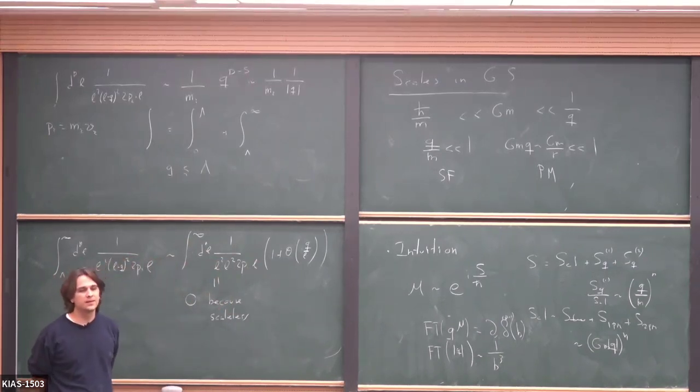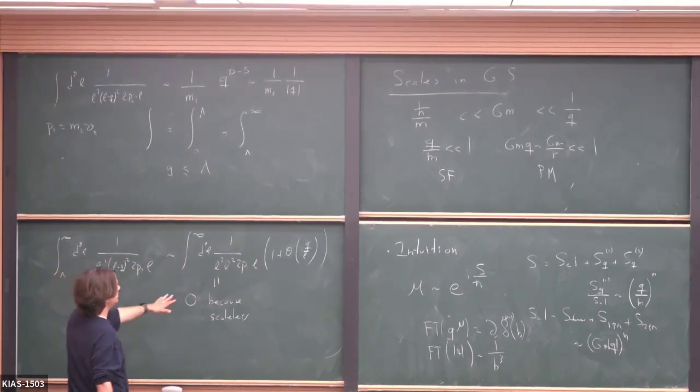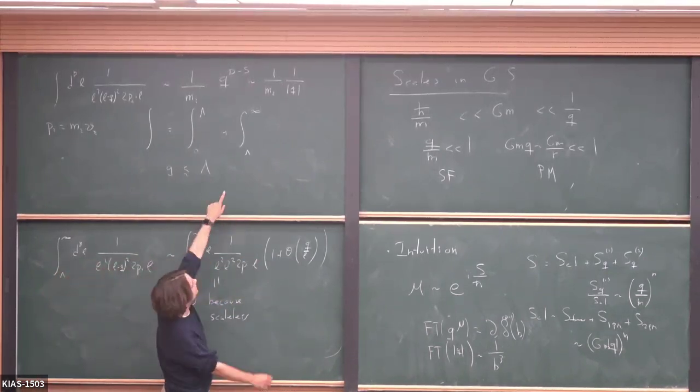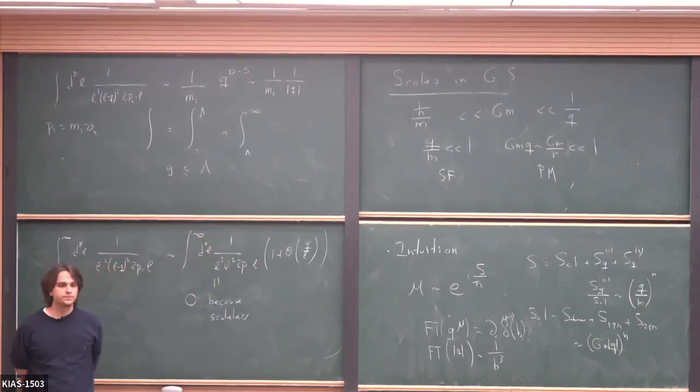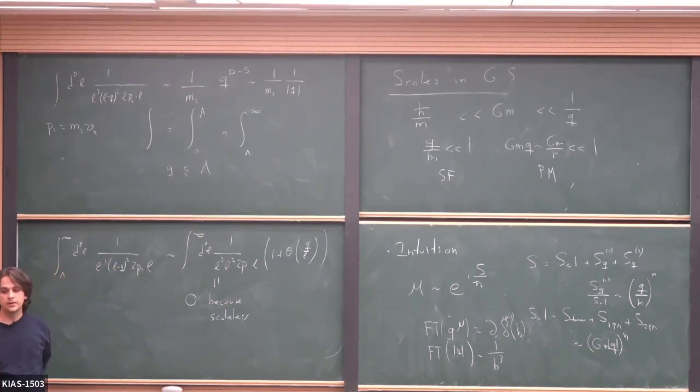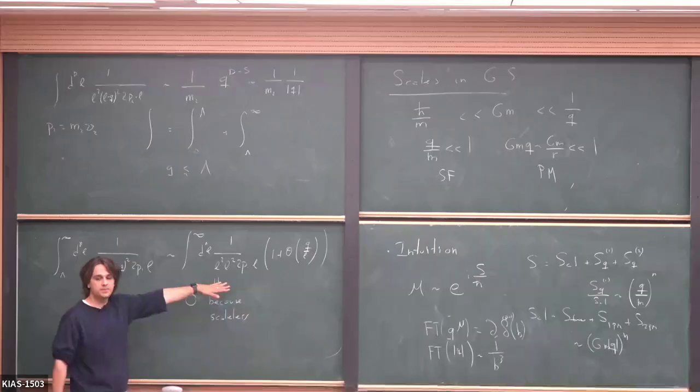Yes? It's homogeneous also. As I explained here, the dependence on M is homogeneous. Yeah. Like in the integrand, there is also P. No, it's P, but it's homogeneous in P, right?